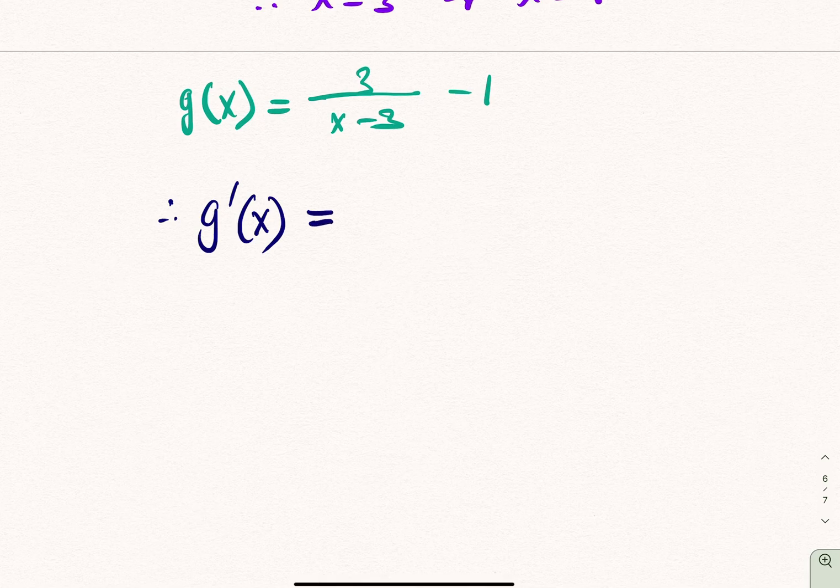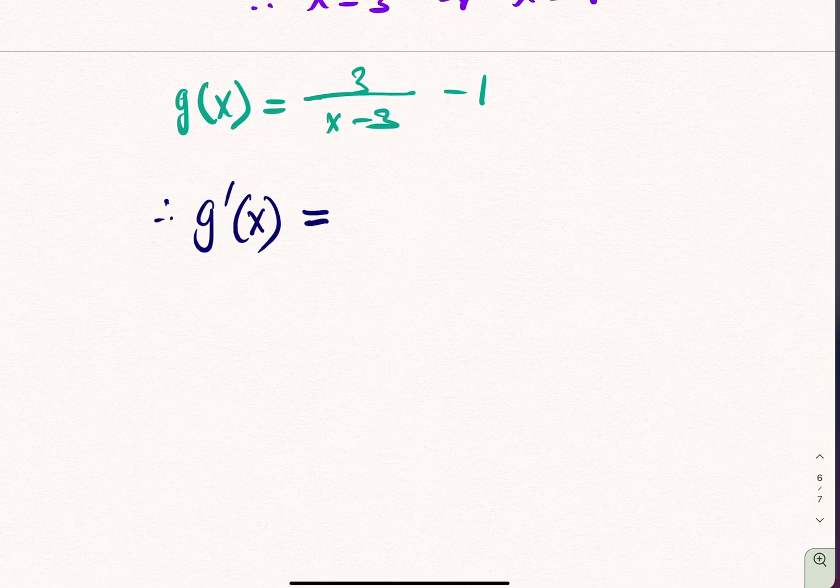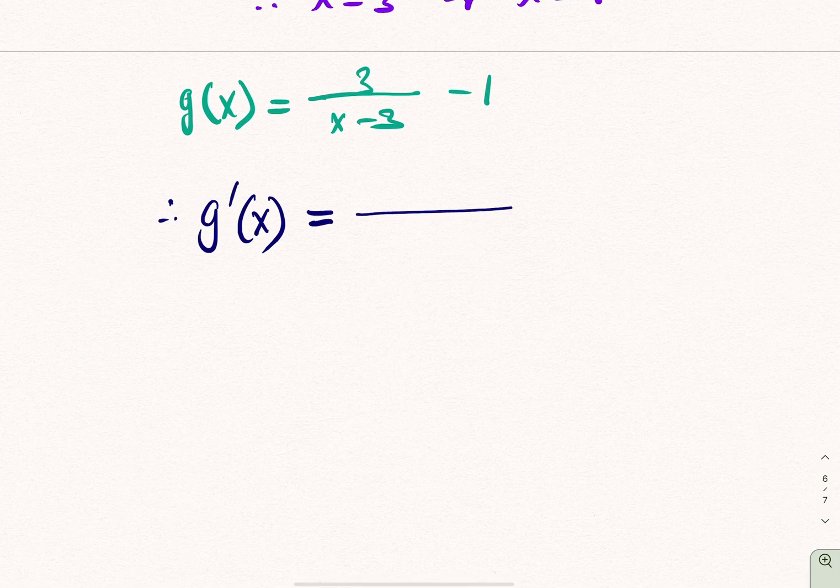I warn you, if you derive negative 1, that is a constant, it's going to give you 0. But if you derive this one, you need to use rules of derivatives. So I'm going to jump a lot of steps here. You're going to get a square of that, and then a minus 3. I'm using the rules of derivatives. You can use first principle to check if you arrive at this result here.